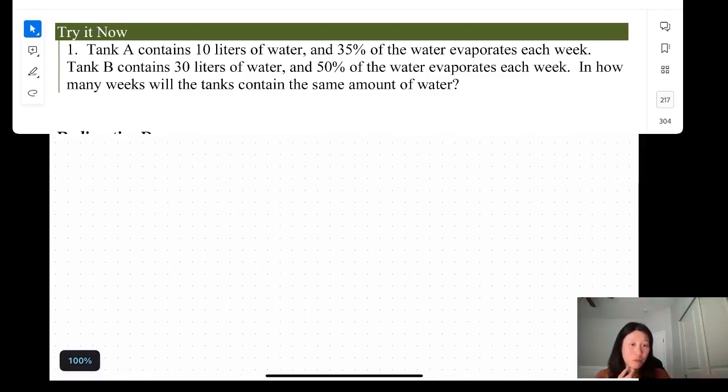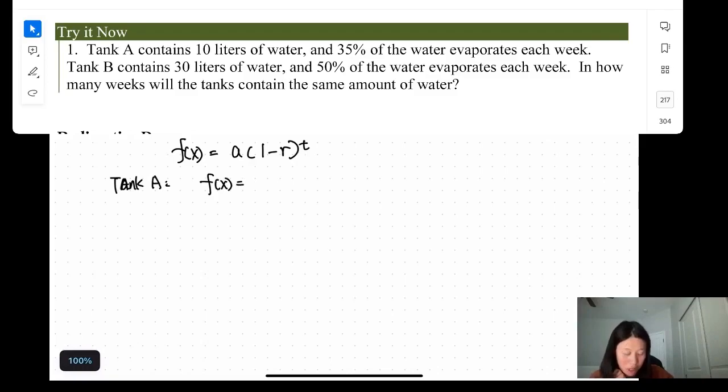So this is an exponential decay. So the function is the same. Instead of 1 plus the rate, since it's decay, we use subtraction in the base. Okay, so for tank A, the model is going to be f(x).